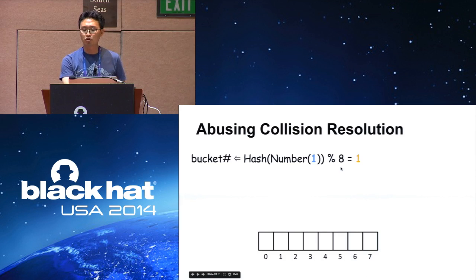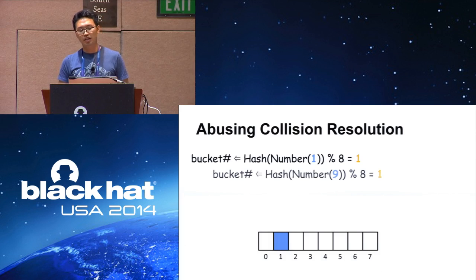If you take mod 8, then the bucket index will be 1, so bucket index number 1 will be filled up. And if you then try to insert number 9, it will compute the same, and it will still be number 1, right? So it is going to try bucket number 1 first, and then because it is filled up already, it will fill up bucket number 2.